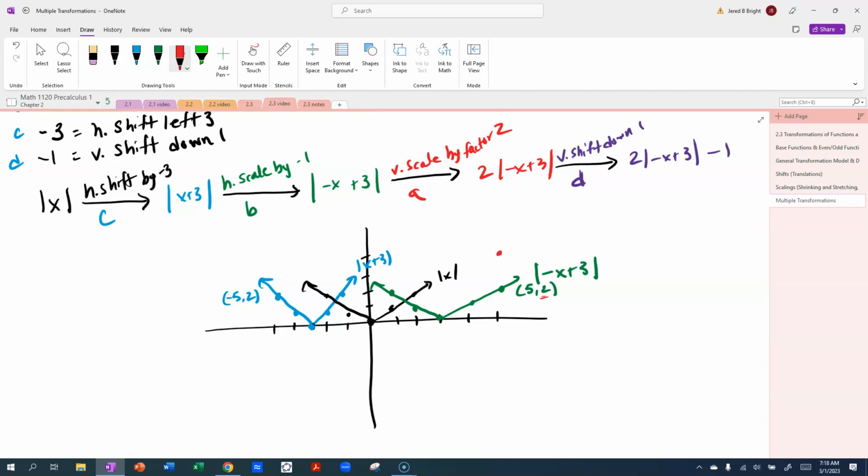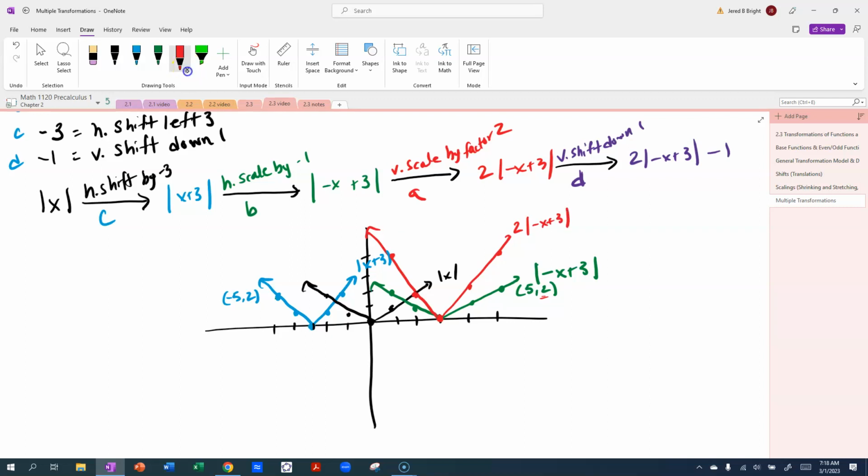There we go, we're at 4. We're at 1 here, goes to 2, and then 0 is 0, and then 2, and up at 4. So something like this would be the graph of 2 times the absolute value of negative x plus 3.